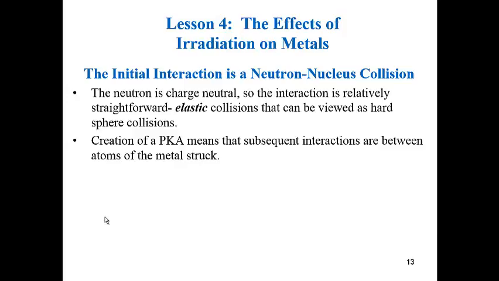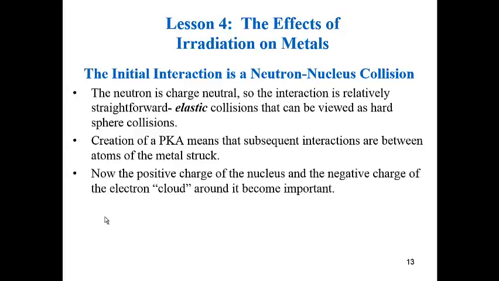So the initial neutron striking is a pretty straightforward event, but then we get into problems with atoms which have nuclei which are positively charged, surrounded by a large number of electrons orbiting the nucleus. And so we end up with all kinds of other factors that affect the subsequent knock-on or displacement of atoms.